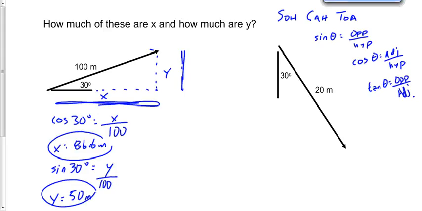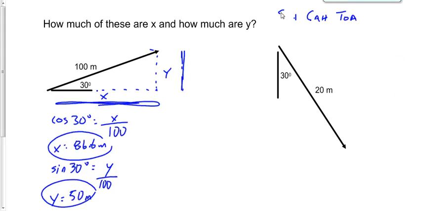What about the next one? Well, this is at a funny angle as well. So let's resolve it. Let's label this x. Let's label this y. Let's say sine 30 degrees is equal to opposite over hypotenuse.